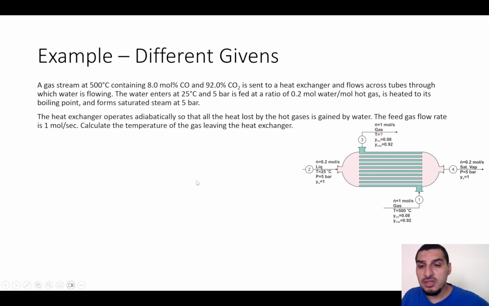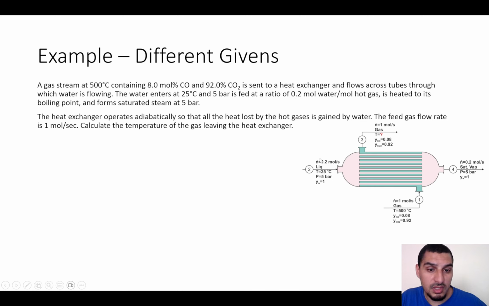So the information that we know here is that we have a gas stream that is at 500 degrees Celsius. It's 8 mole percent carbon monoxide, 92 mole percent carbon dioxide. It's sent to heat exchangers and flows across the tubes through which water is flowing. So these tubes, which are the pink areas here, there is water that's flowing, and it enters at 25 degrees Celsius and at 5 bars, and it's fed at a ratio of 0.2 moles of water per mole of hot gas.